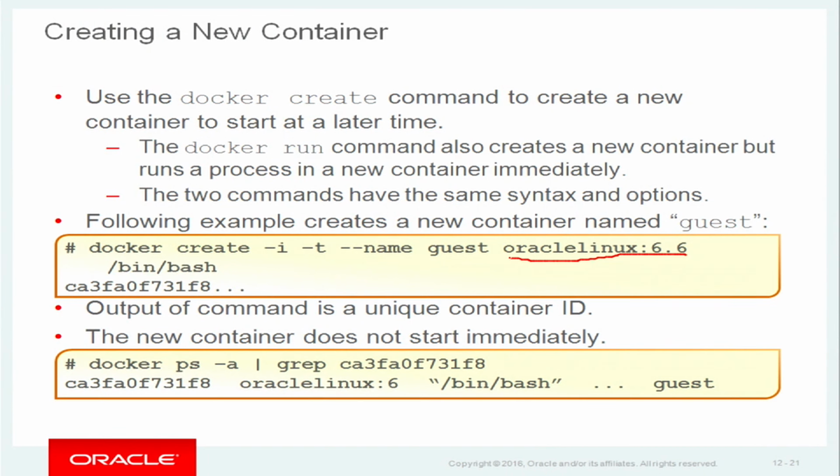So I can start a container, I can stop a container, or if I no longer need the container, I have a docker rm command. Now notice if you're an rm aficionado, then you know that rm -f means the file's gone.